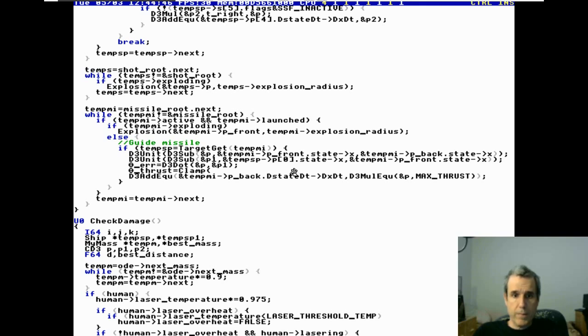Theta error, comma, pi divided by 16, minus pi divided by 16, pi divided by 16. Now, okay, so this is the thrust angle.